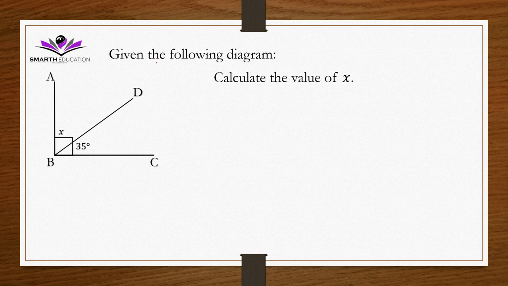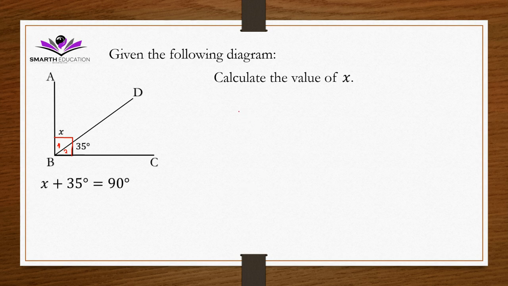Given the following diagram, calculate the value of x. Let's try this before I show you. Let's do this together. Again, we have a 90-degree angle here. If we add these two angles, angle B1 and angle B2, we must get 90 degrees. So x plus 35 equals 90 degrees.